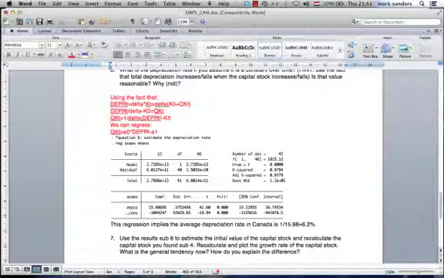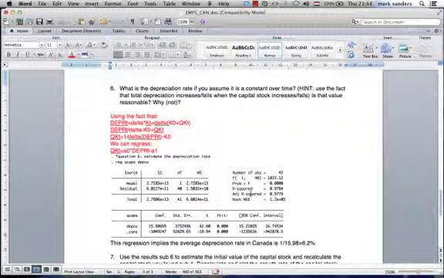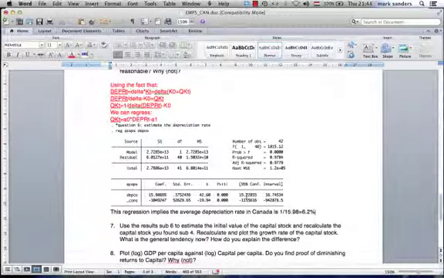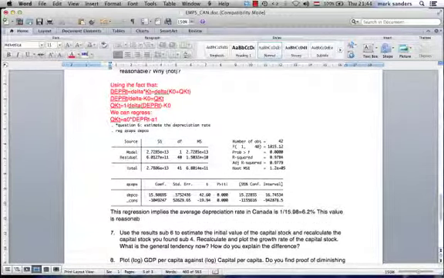Okay, is that value reasonable? Why not? This value is reasonable, as we would expect it to be between 5 and 15%.